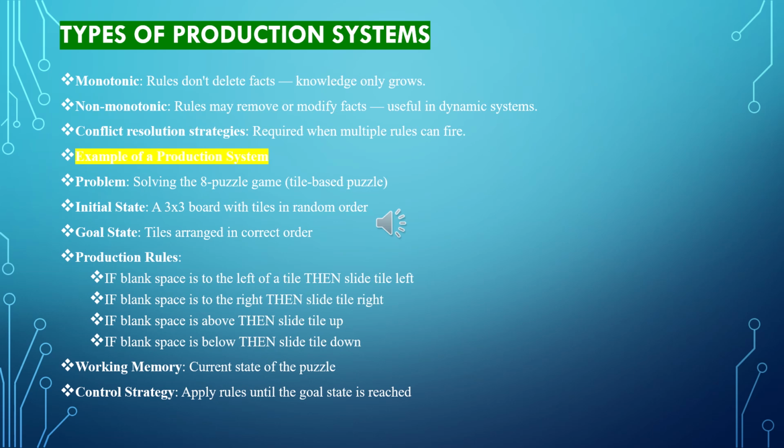The production rules are applied to move from the initial state to the goal state.